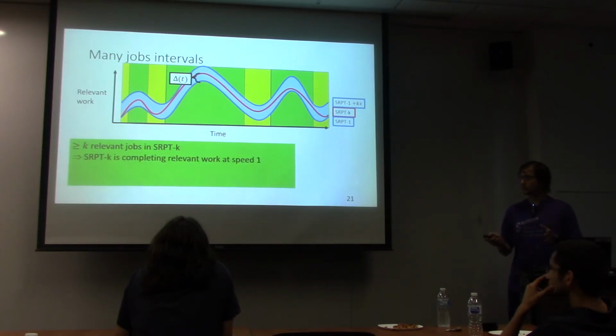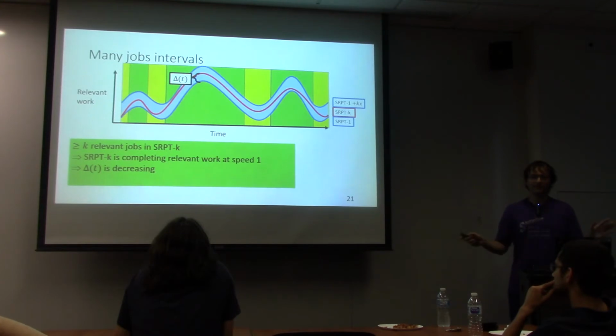Which means, since SRPT-k is completing relevant work at speed 1, it's completing it at least as fast as the SRPT-1 system. And consequently, delta t is decreasing. The only other thing that can affect relevant work is arrivals. And the same arrivals show up at both systems. So that doesn't affect delta t at all. So delta t is decreasing throughout these many jobs intervals.